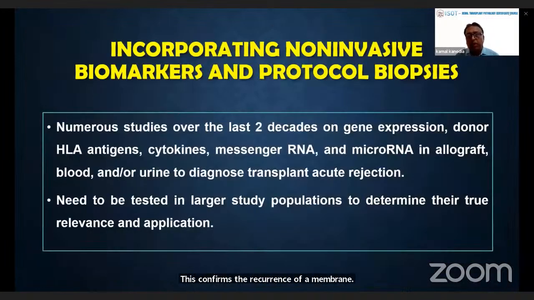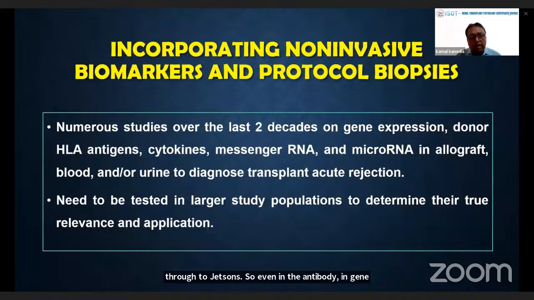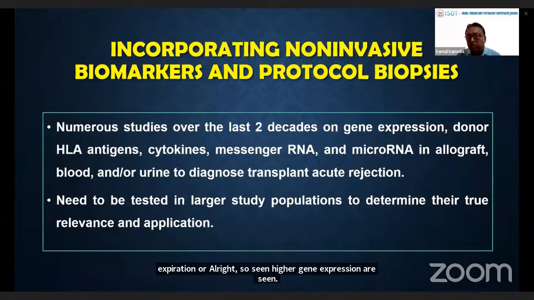Now, coming to the incorporation of non-invasive biomarkers and protocol biopsies. Numerous studies over the last 2 decades have looked at gene expression, donor HLA antigen, cytokines, messenger RNA, and microRNA in the allograft, blood, and or urine to diagnose acute rejection. Even in antibody reactions, higher gene expression is seen, and strongly favors the diagnosis of antibody-mediated rejection.